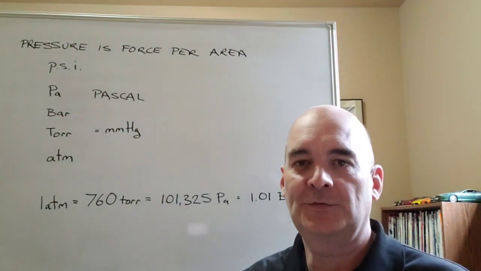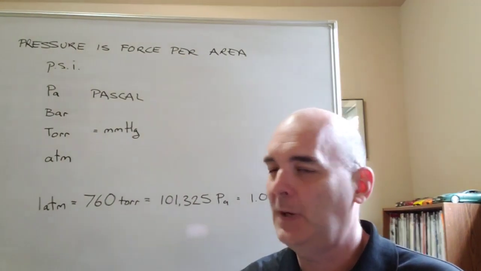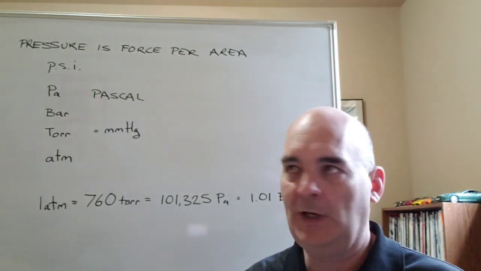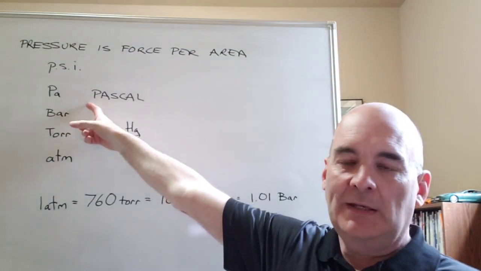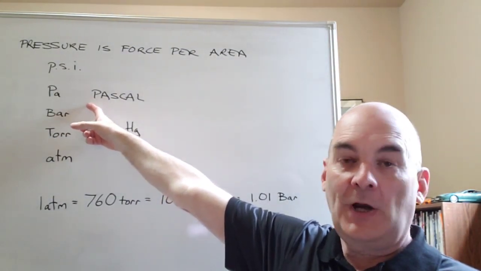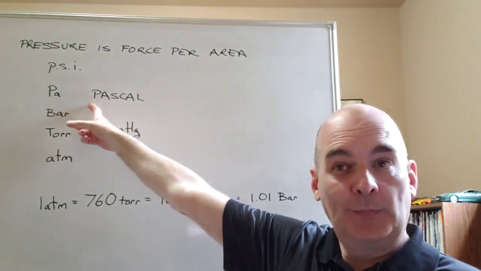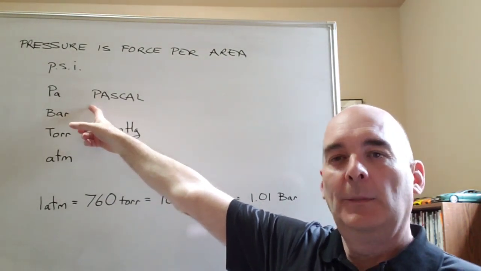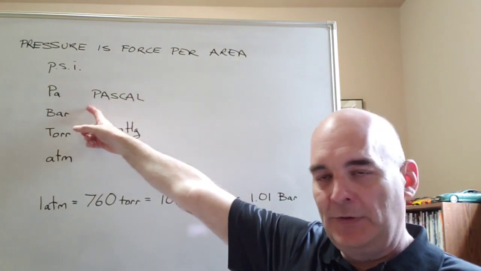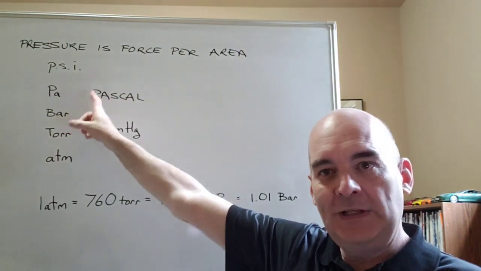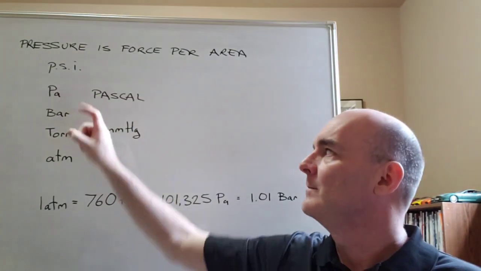That is a force per area, but we can't use pounds per square inch because it's not metric. The actual SI unit of pressure in science is supposed to be the Pascal. But I'm going to show you at the bottom of the page, the Pascal is a terrible number, and so we don't actually use the recommended value.